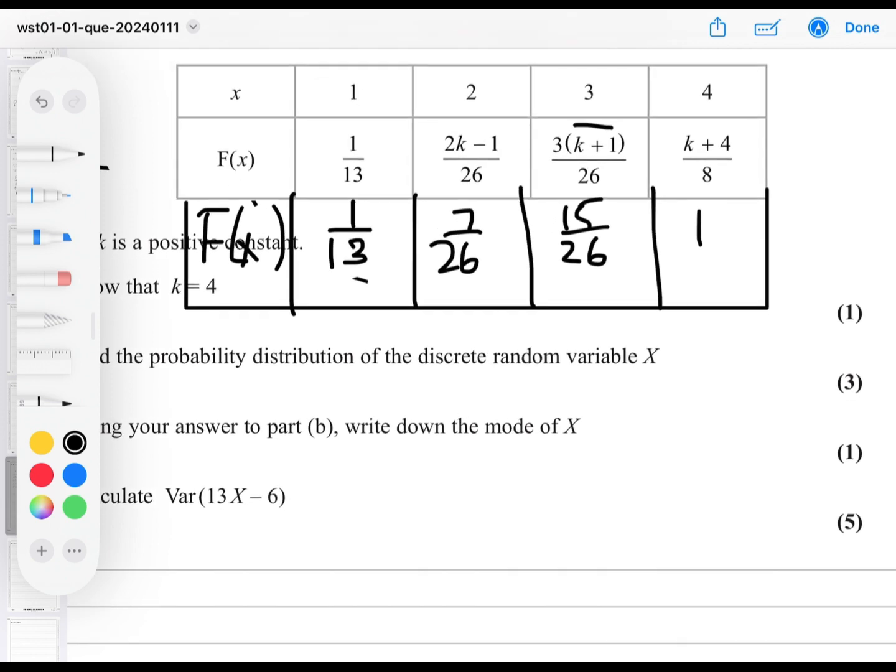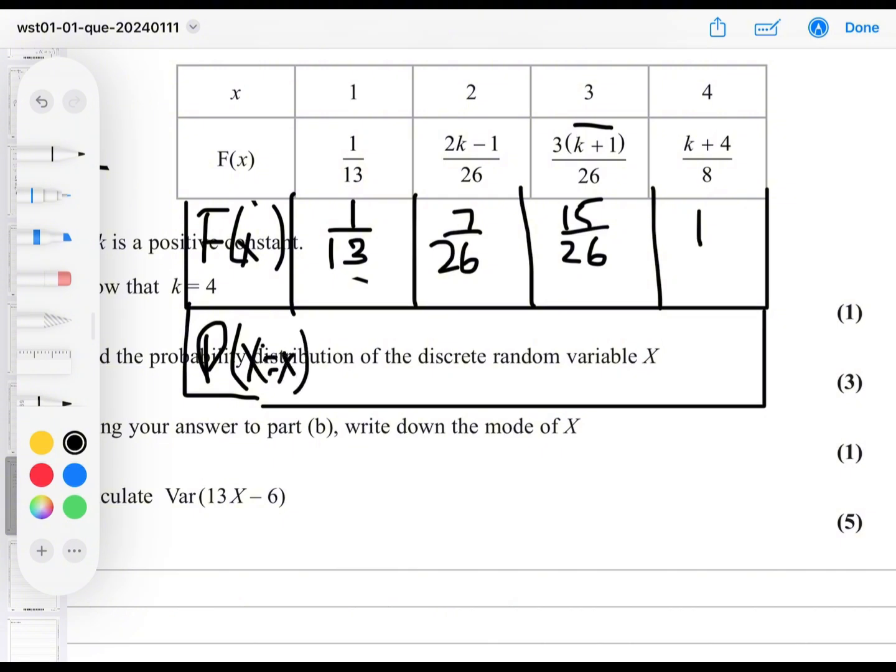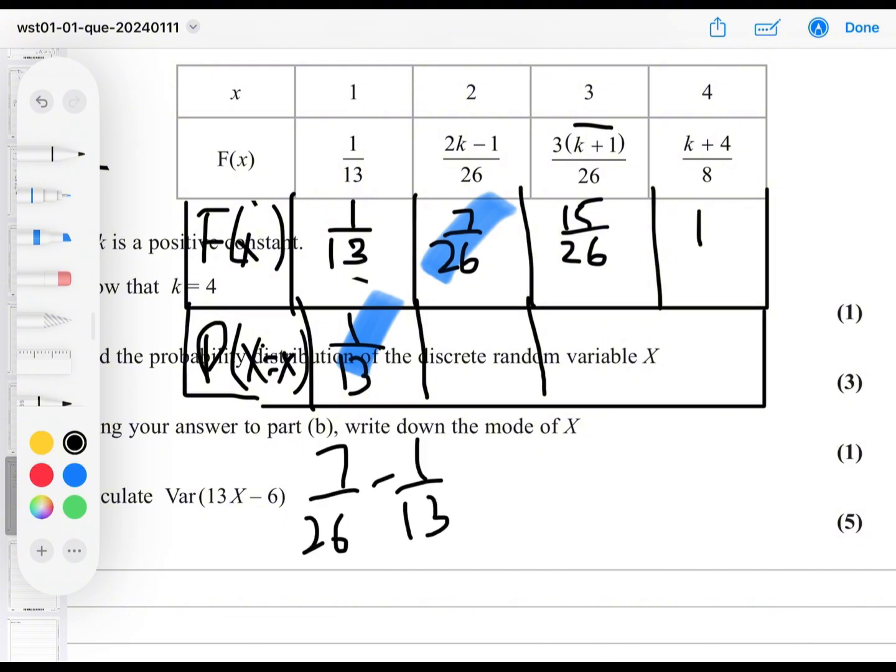Now from this, we will work out the values for the probabilities. So the probability of x equals the first value will be the same, and now we just subtract them to get the next value. By subtracting 7/26 from 1/13, this will be 5/26. So the 5/26 is here.